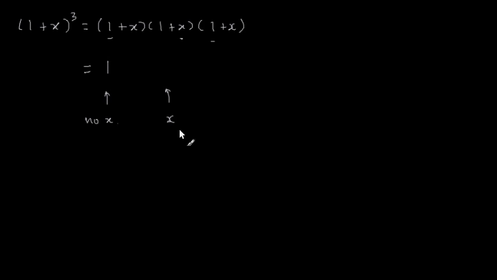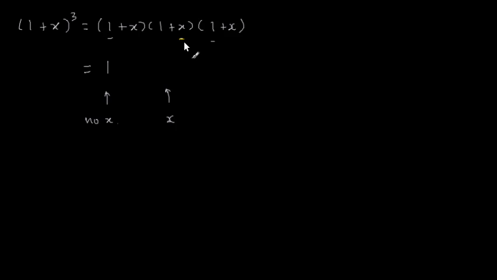Now at this point, rather than thinking about how many ways we can pick these terms from every bracket, we can actually simplify this idea a little bit. If I just want to pick a single x, let's say I pick that x from this bracket, then from the other brackets I have to pick a 1. I can't pick the x, right?